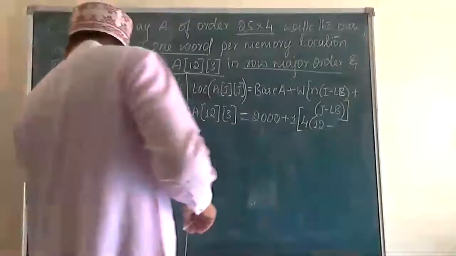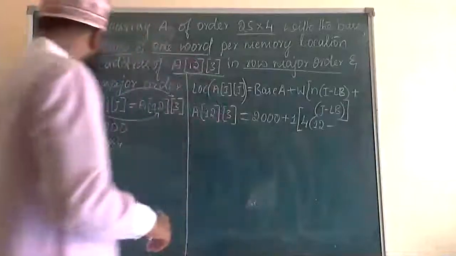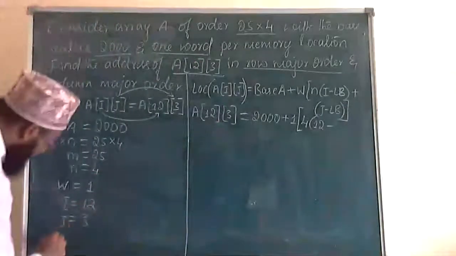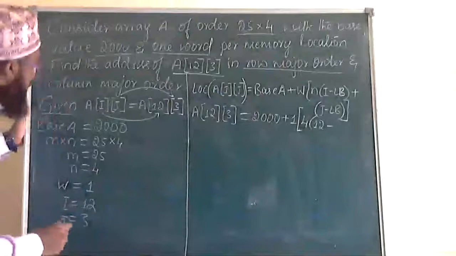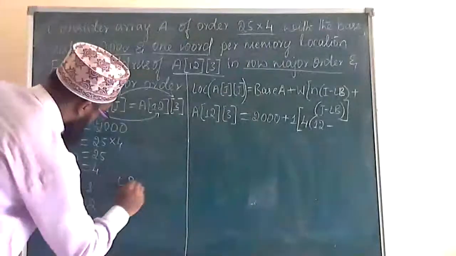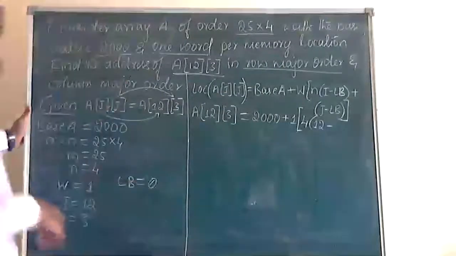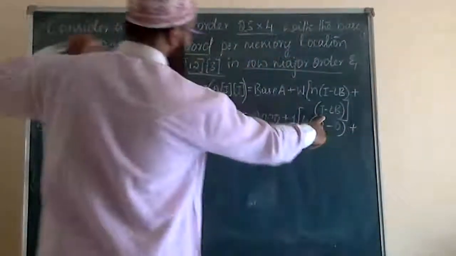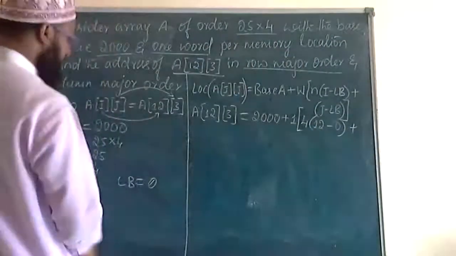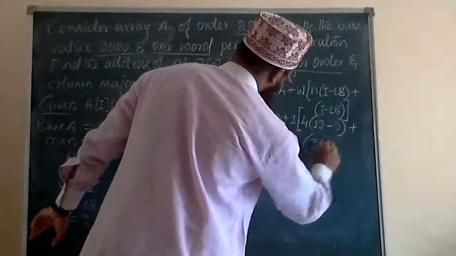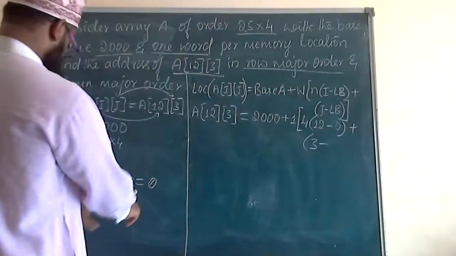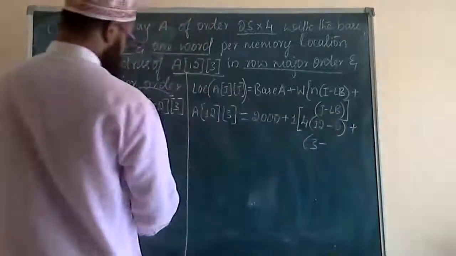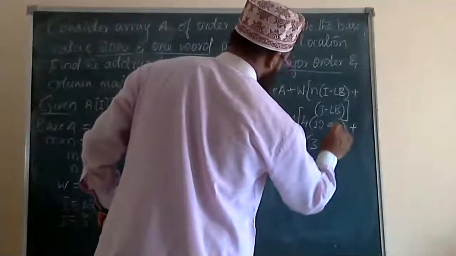What is the lower bound here? Lower bound is always 0. Then plus J, what is the value of J? 3, minus LB, which is always 0.